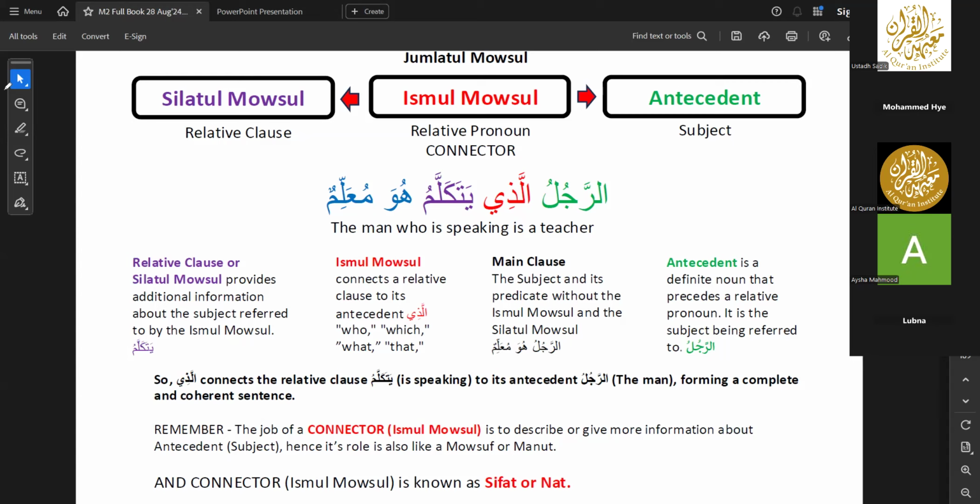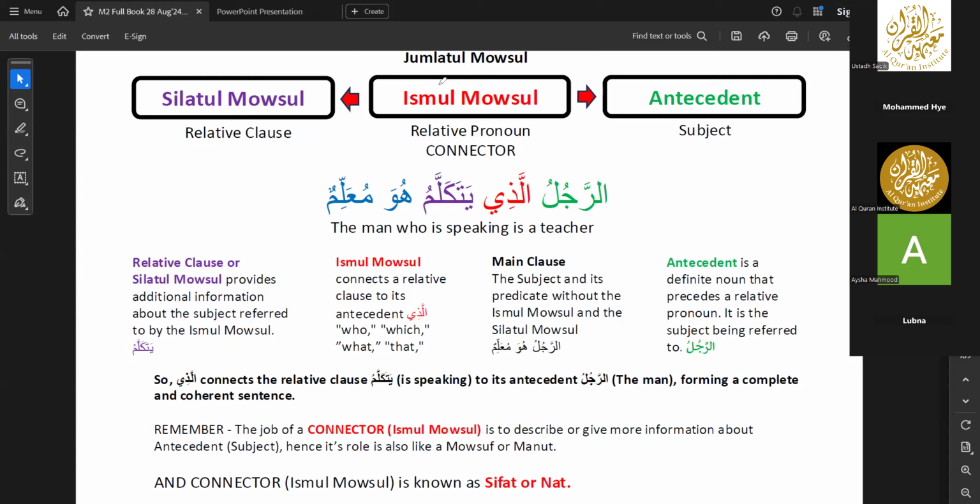But when we have a sila, ismul mawsul, then we have the sila and the subject antecedent. So I think it could be from allazi to huwa muallimun. Could be.